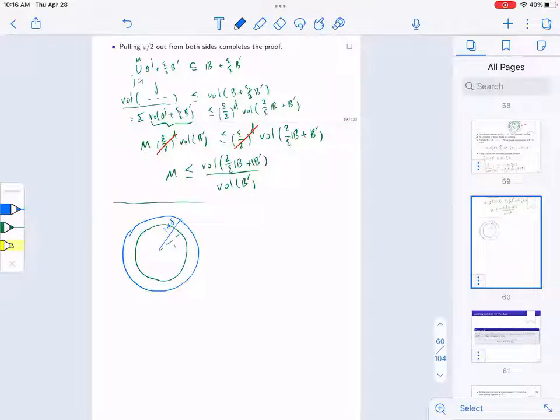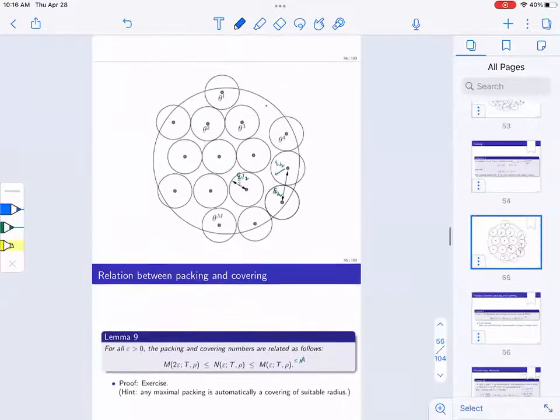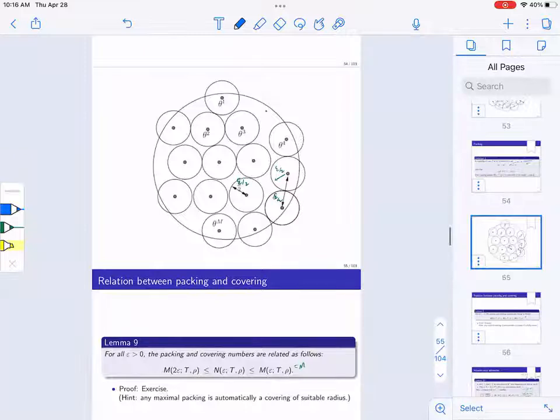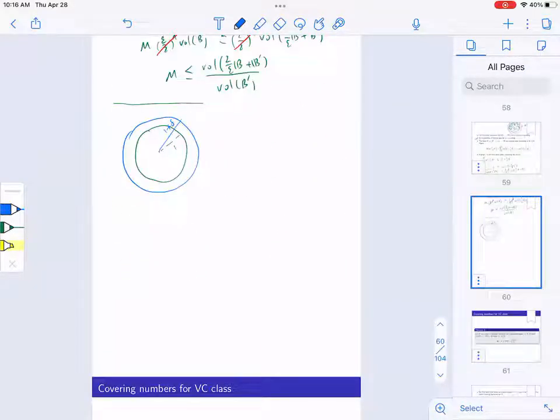So you're saying this is a one packing, right? But it's not a one covering. So let's go back to this. That's an interesting point. How about if I have two of them, would that work?